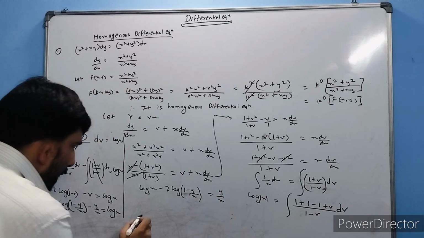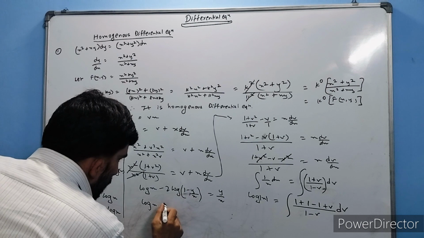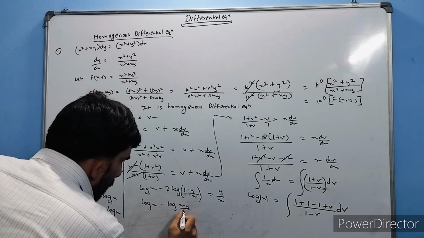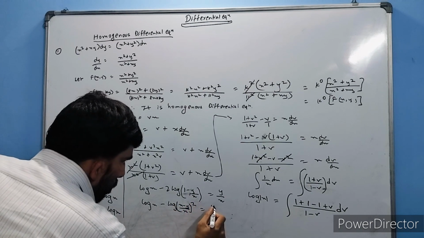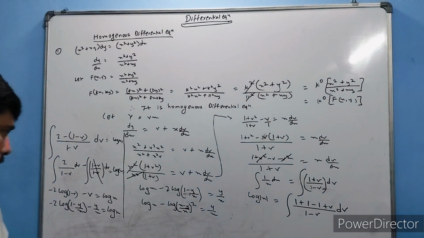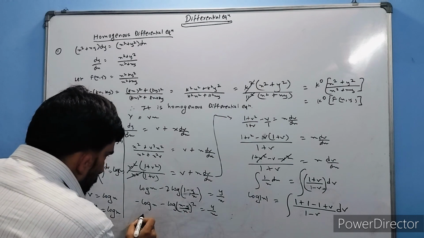Okay, so now what I can do, log x minus, we can take log x minus y upon x whole square is equal to y upon x. I have taken this side minus, so it will be plus.